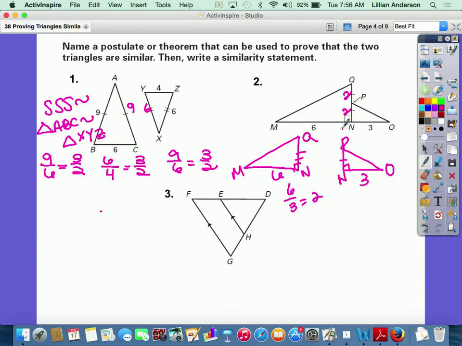So if I made both of these 2, this would be 2 and this would be 4. So yes, 2 over 4, or 4 over 2 gives me the same ratio as comparing 6 over 3. And since right angles are congruent, this is side angle side similarity with the similarity statement of MQN is similar to OPN.